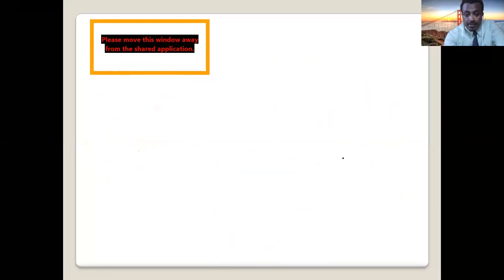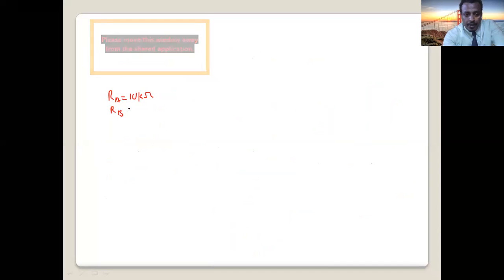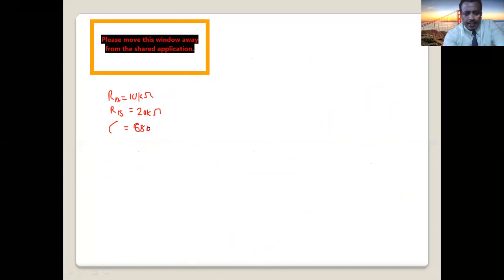So let's see an example here. When RA, we connect how much resistor? 10 kilo ohm. Okay, 10K resistor. RB, we connect a 20 kilo ohm resistor. And the capacitor, we connect 680 nanofarad.